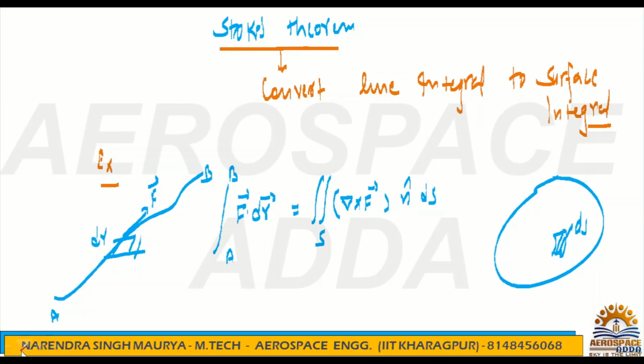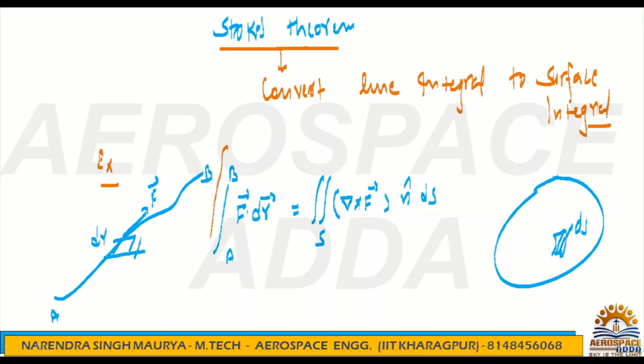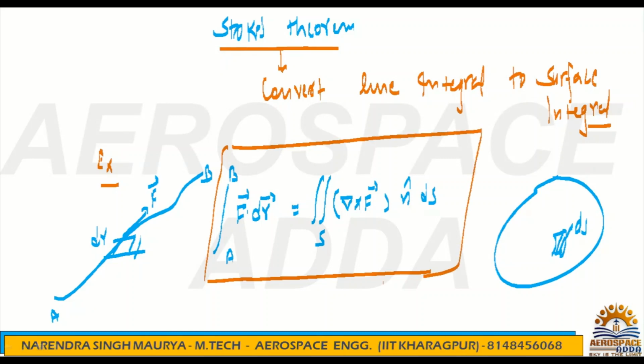In mathematics the derivation is also available for Stokes theorem, but here you don't have to go for the derivation, you have to use the formula directly. Here this is the line integral F dot dr. Now you want to convert to a surface integral. So instead of dr, the surface area vector ds should come here, with n cap. Why?